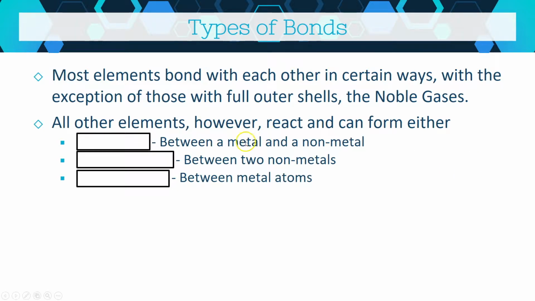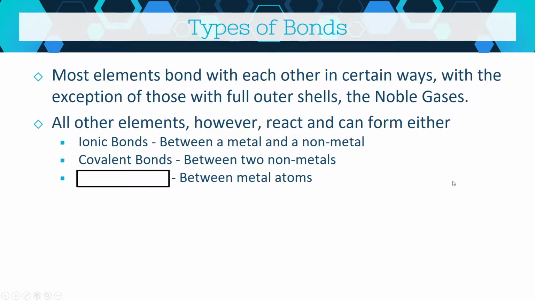Now, if you have a metal and a non-metal, they bond together and they form what we call ionic bonds. And the reason for this is that to form that bond, they actually need to form ions. And so because they form ions, they have an ionic bond. If, on the other hand, you have two non-metals joining together, you get what's called a covalent bond.